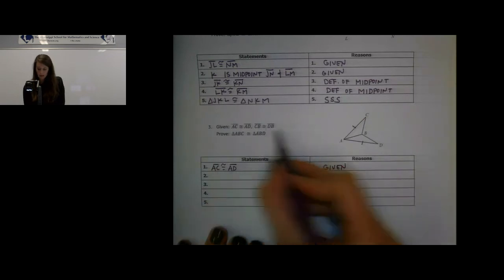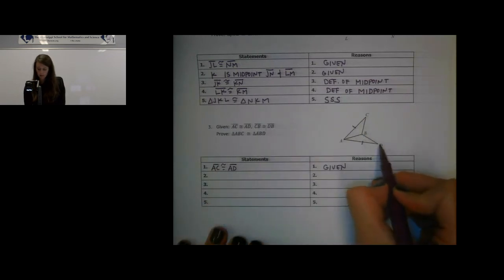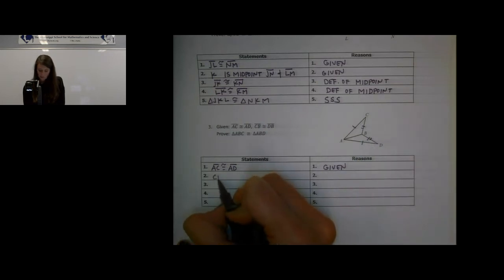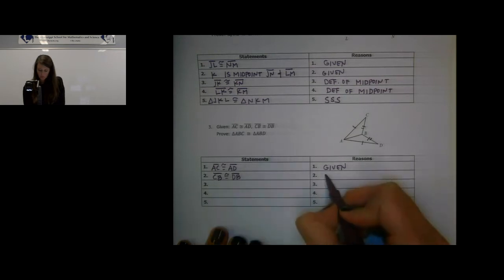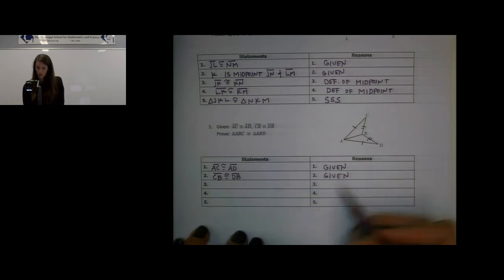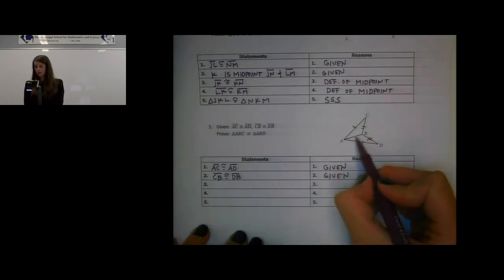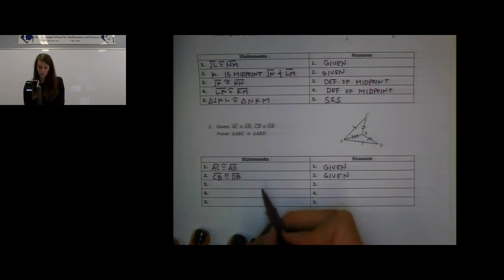And then CB is congruent to DB. What about AB? AB is the same side, so that is the same side for both triangles.